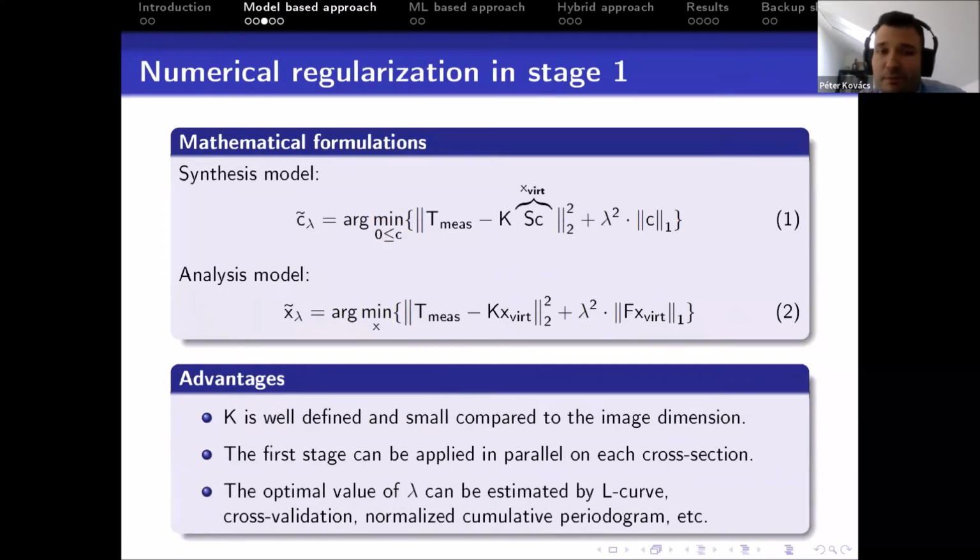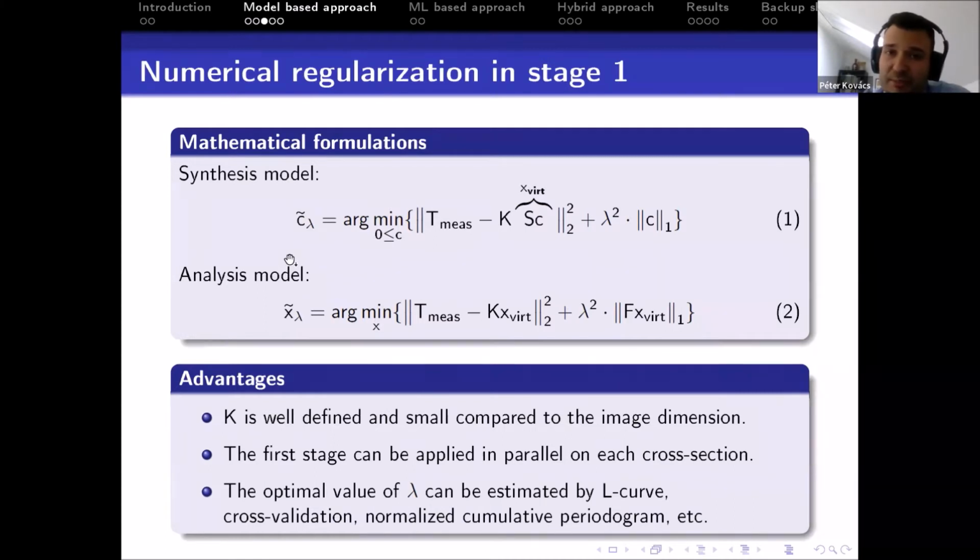Okay, and now I will show some possibilities for how to do the reconstruction in each stage. The title of the presentation was Combining Model and Deep Learning based algorithms. Now I will start with the model based approaches for the reconstruction in the first and in the second stage. In stage one, we can formulate the reconstruction process in two different ways.